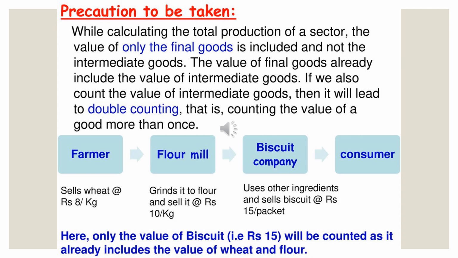It also includes the value of the flour mill when it is selling that product to the biscuit company, and all the other products like sugar, like oil, like essence are also included, which is going to come up to the final good, the packet of biscuit, which is for rupees 15. Here only the value of a packet of biscuit, that is 15 rupees, will be counted, as it already includes the value of wheat, flour, essence, oil, etc.